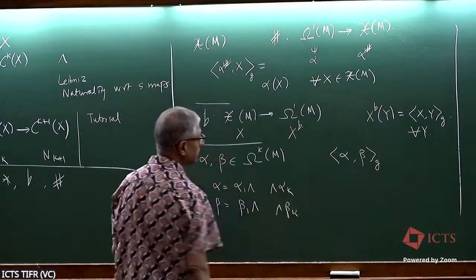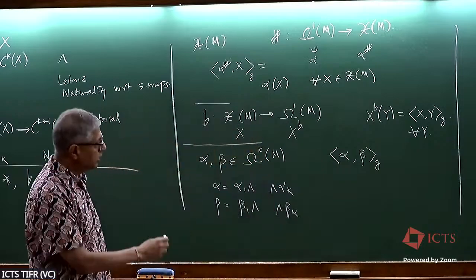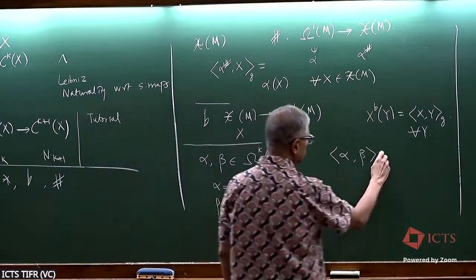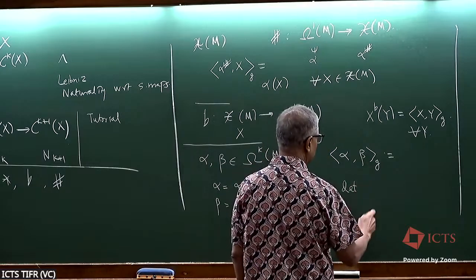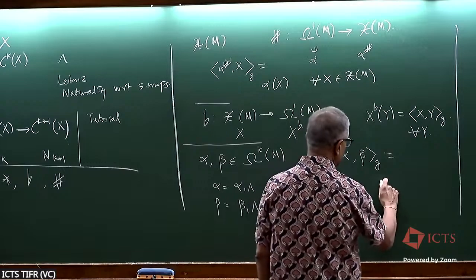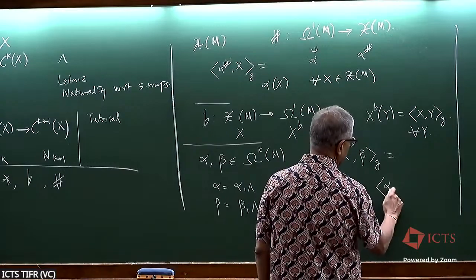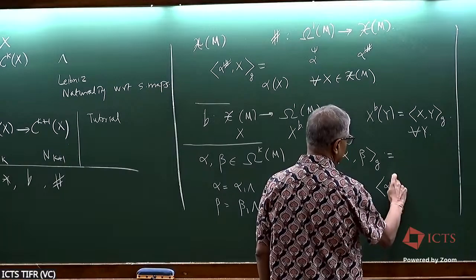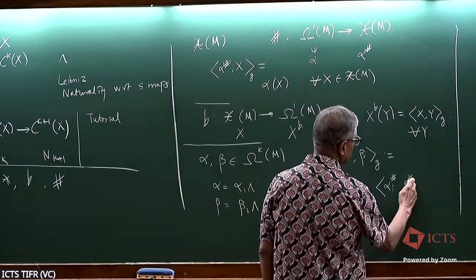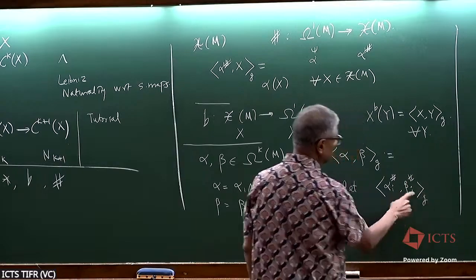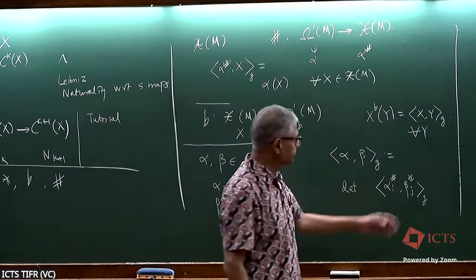So first you define this thing to be equal to the determinant of the matrix where you take alpha i, sharpen it, take beta j, sharpen it. So this is the ordinary inner product of vector fields, because these are vector fields now.